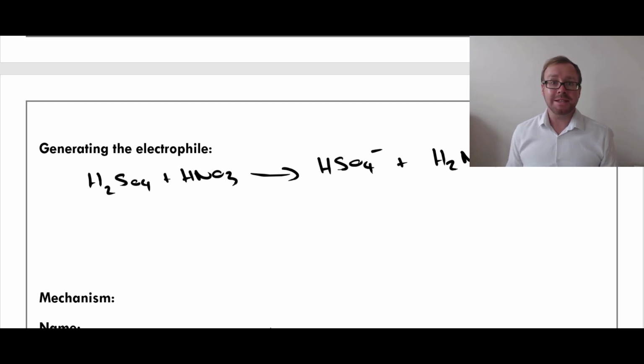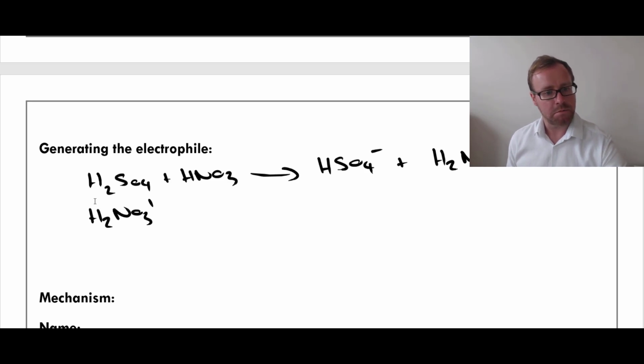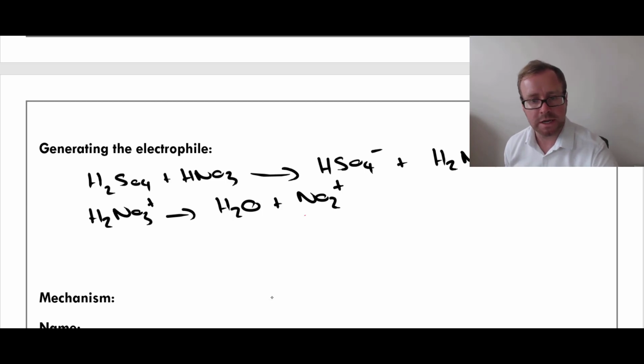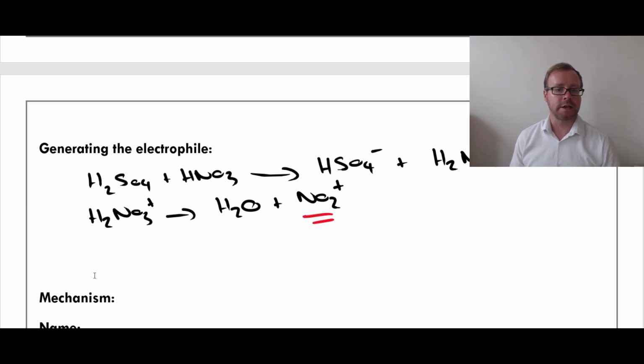So in this instance, even though they're both acids, nitric acid is actually acting as a base, and sulfuric acid is acting as an acid. Now obviously H2NO3+ is unstable, so this breaks down to produce H2O plus NO2+. Okay, now I could write this as an overall equation, however I'm just going to leave it as the two separate ones. So now we have generated our electrophile.